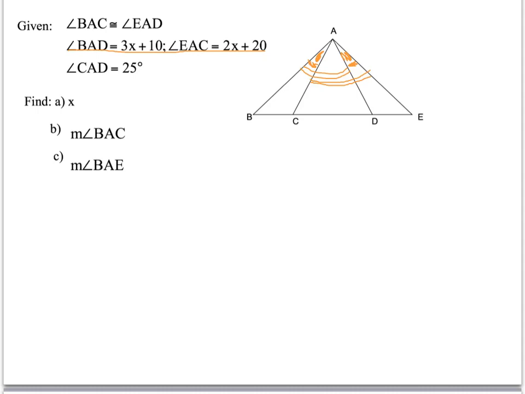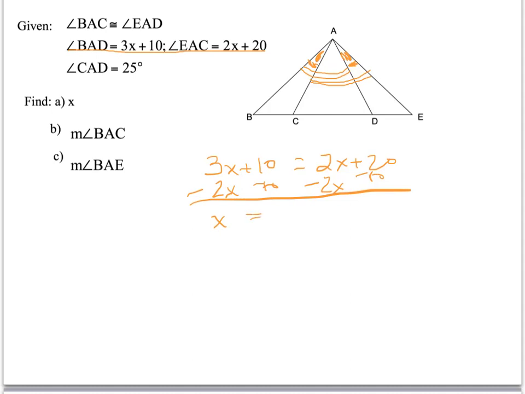So what we simply need to do is take those two angles, 3x plus 10 and 2x plus 20, and set them equal to one another. Now, this is going to answer part A for us. This is going to give us our x value. So I'm going to go ahead and work this out, and x is going to equal 10. That's our part A answer. X equals 10.